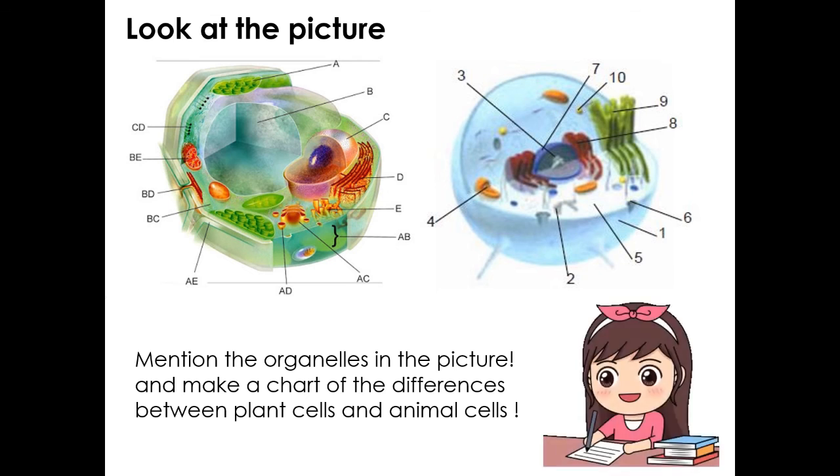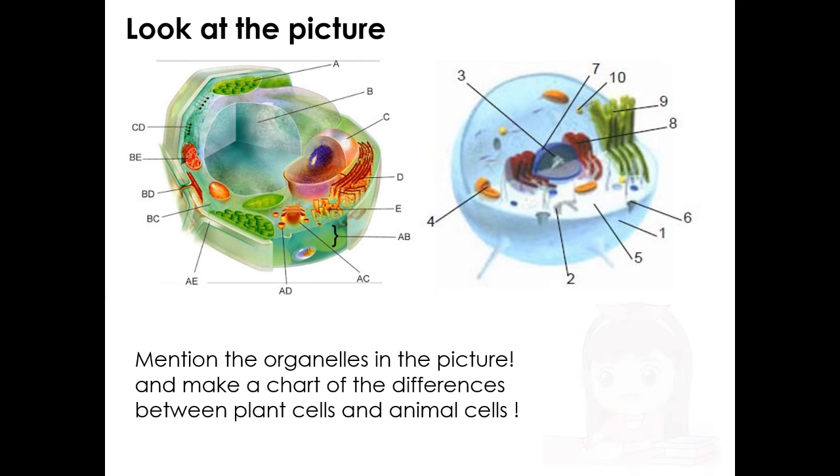And the last, you have to look at pictures A and B, mention the organelles in the pictures, and make a chart of the differences between plant cells and animal cells.